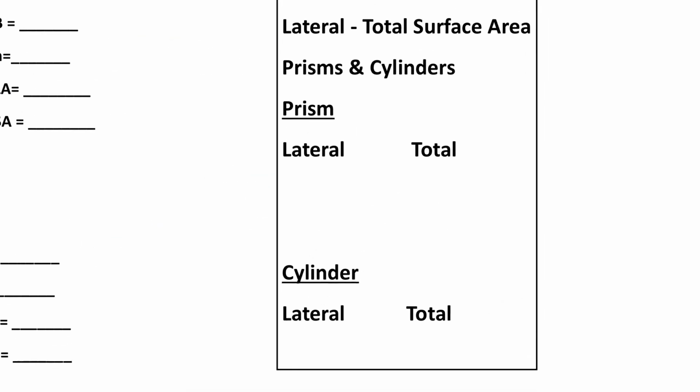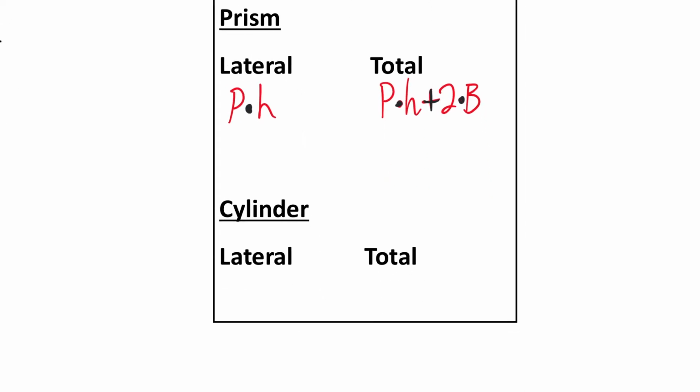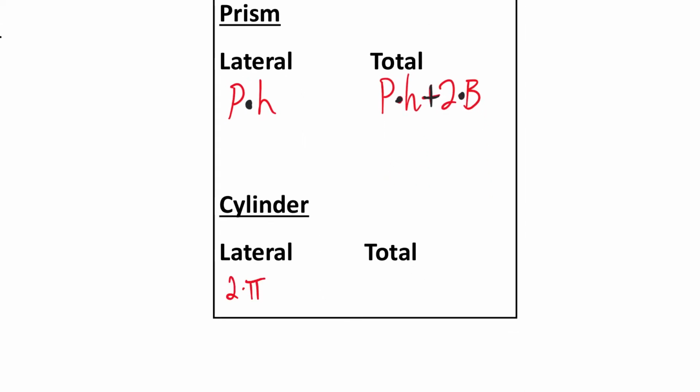I'm just going to rewrite these formulas real quick so I don't have to keep turning over: lateral is PH, total is PH plus 2B. And for a cylinder, lateral is 2 pi RH, total is 2 pi RH plus 2 pi r squared.